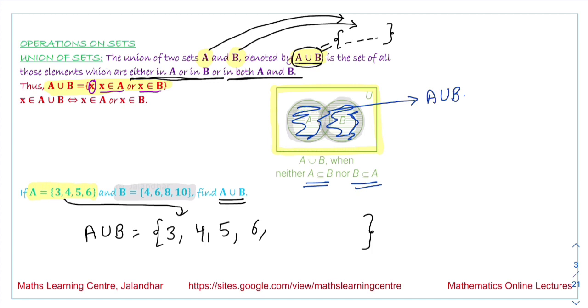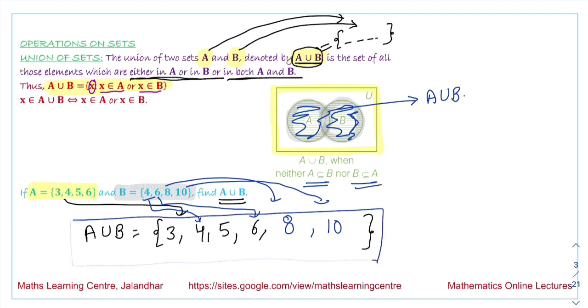Then we list the elements of B. 4 is already written over here. 6 is already written over here. Repetition of elements is not allowed in sets. So the next elements we will have are 8 and 10. So this is the set A union B for these two sets A and B.